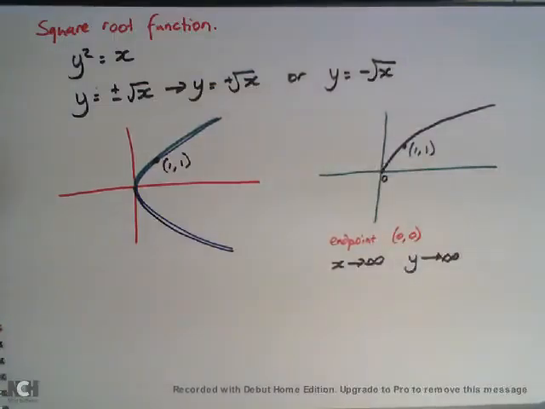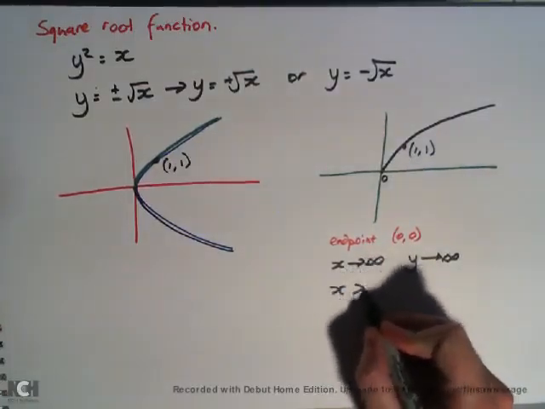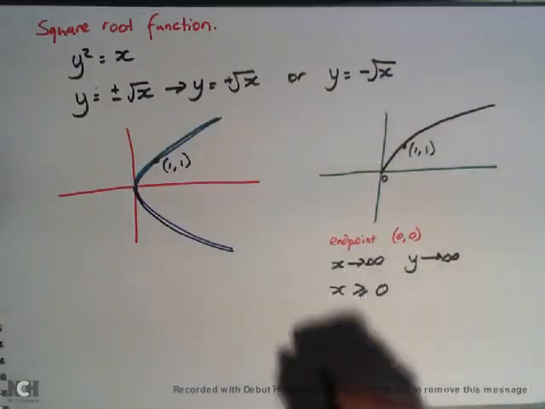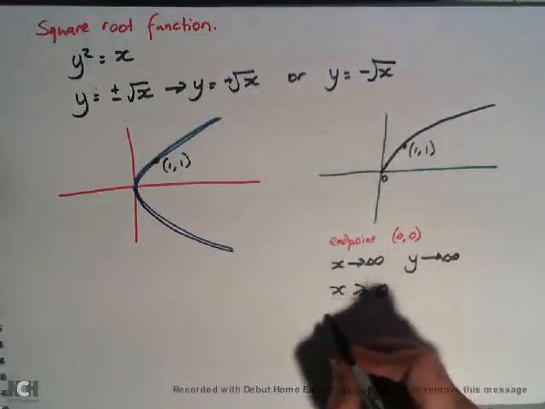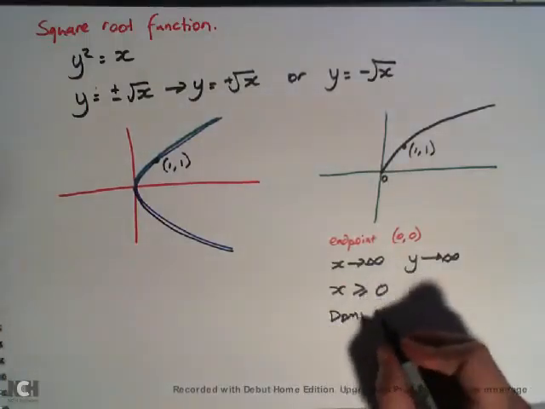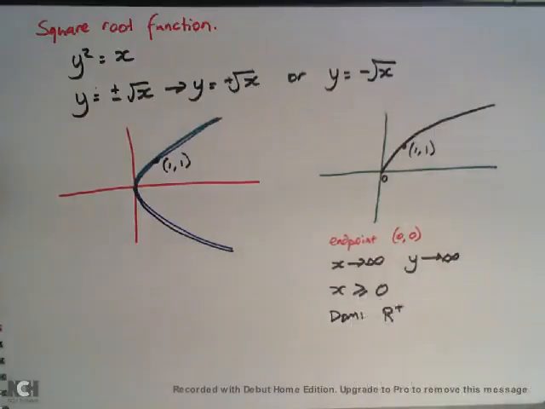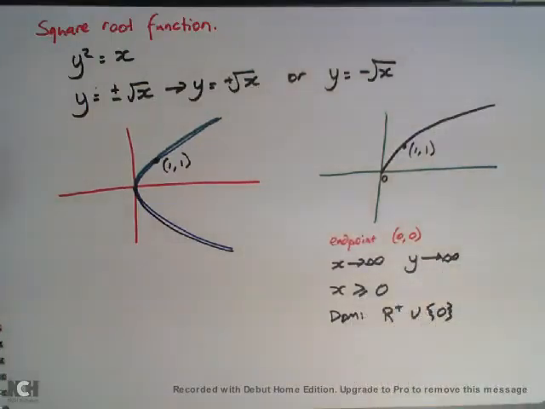We can also say defined only for x greater than 0. Okay, anything below that it's not defined, and that's because we can't get the square root of a negative number. So we can say the domain, therefore, is going to be all positive real numbers, including the set 0.